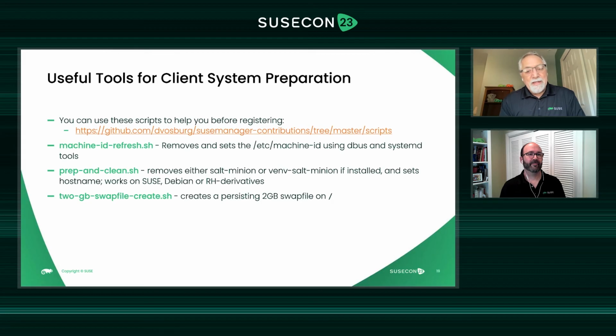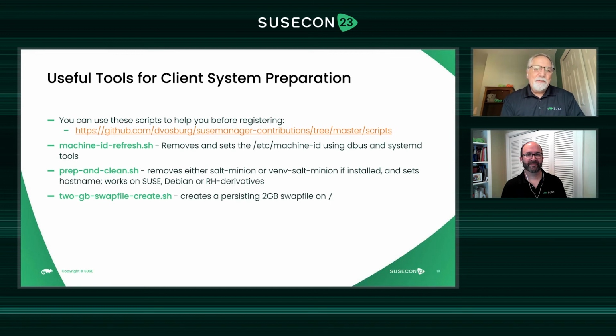So there's a nice set of tools that somebody you might recognize wrote. These scripts help you in client system preparation. It's up there on a GitHub site as a gift to you.